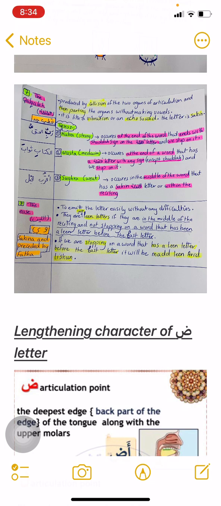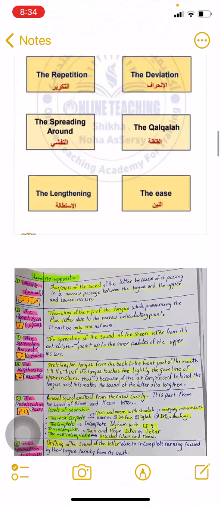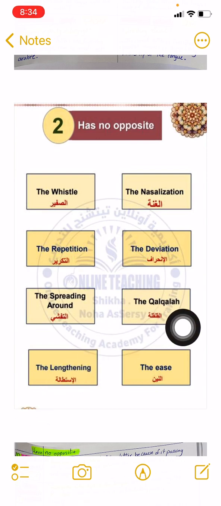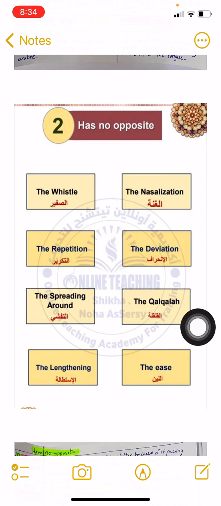Now we are going to have the rest of the characteristics. Al-qalqala, which is produced with the letters قطب جد.